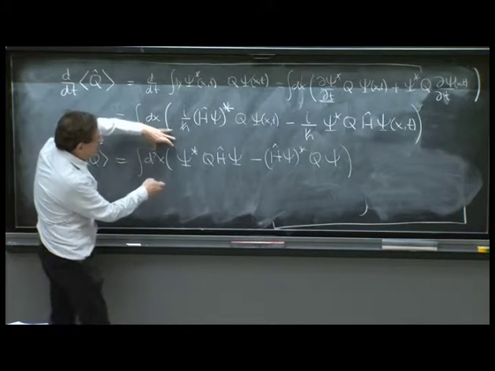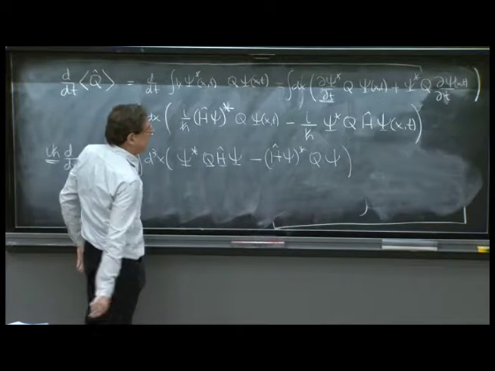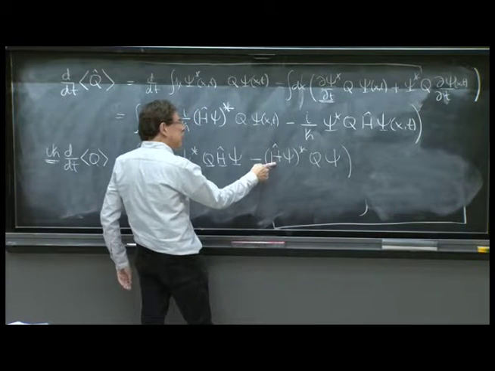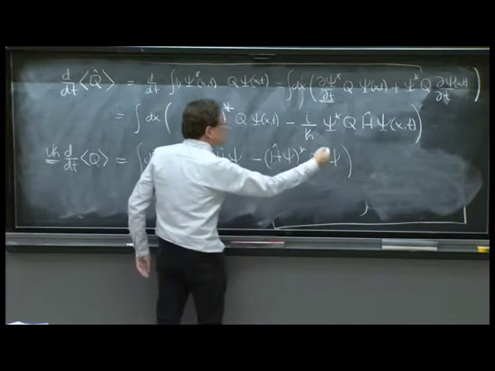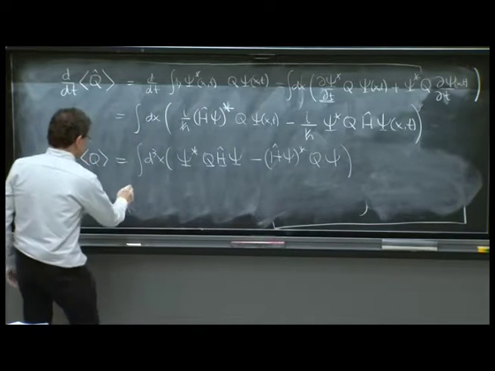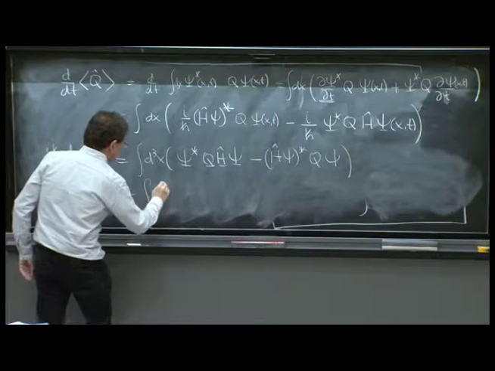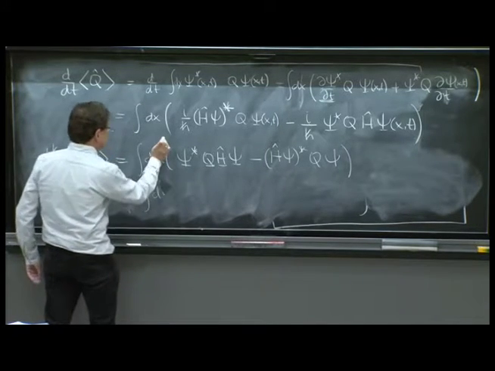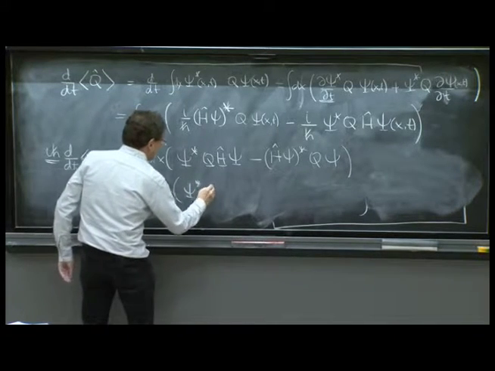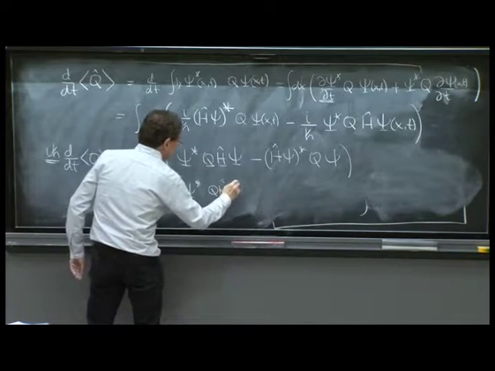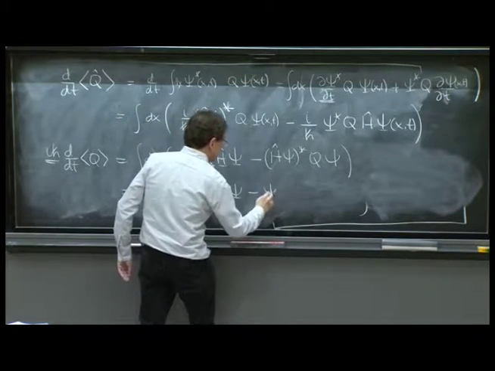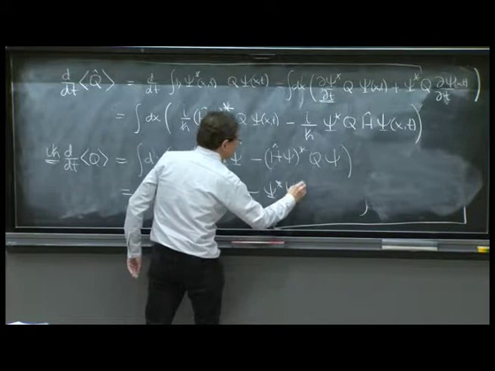Look, this is the product of q and h. But by hermiticity, h in here can be brought to the other side to act on this wave function. So this is actually equal to the integral dx, psi star q h hat psi minus, the h can go to the other side, psi star h q psi.